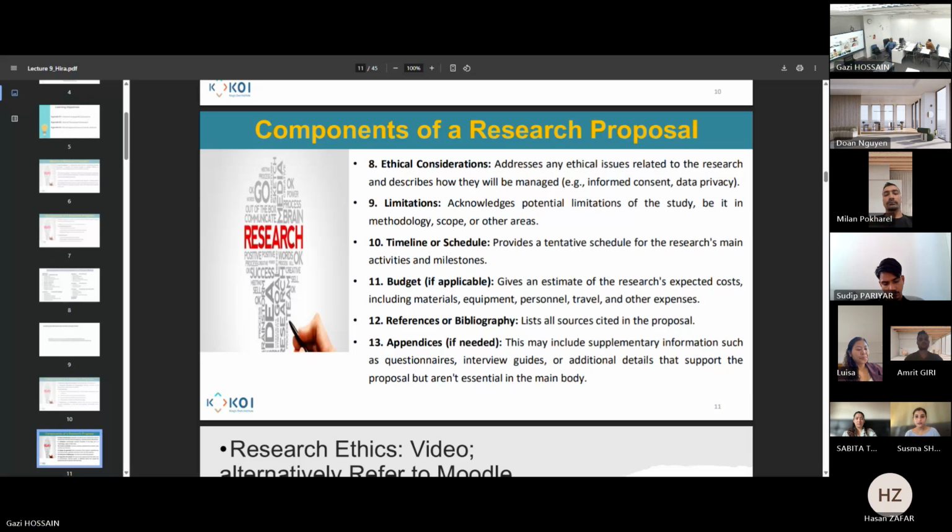Another thing is we collect primary data, either soft data or paper-based hard copy data. We must keep that data in a very secured, confidential manner.